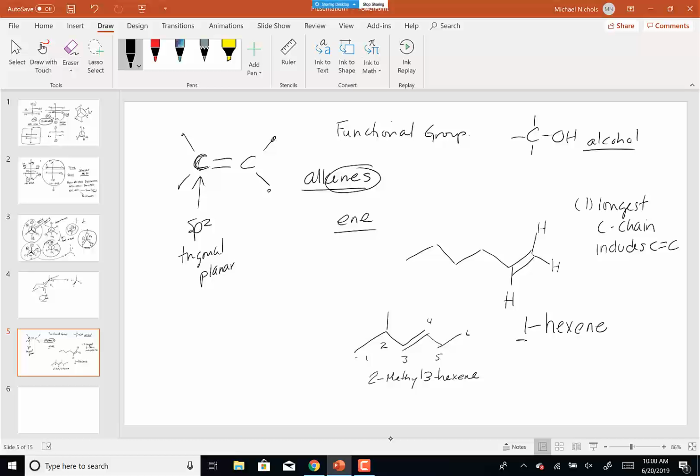So, one of the bigger things with alkenes is that now we can have 2 different stereoisomers potentially for an alkene. So for instance, let's take the one I just drew. I could draw another 2-methyl 3-hexene.